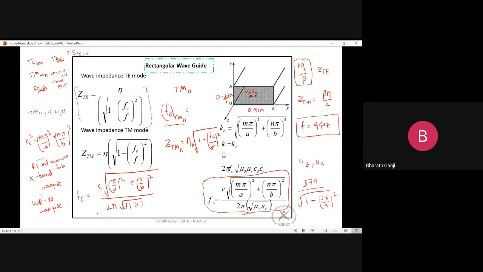So it is simply c by 2 pi. Of course, pi square I can take common out, so it is 1 by a, 1 by b, and pi cancels out. So you are left with c by 2 square root of (1 by a)^2 plus (1 by b)^2. Here a and b are in inches. You have to convert them into meters and then get the answer.